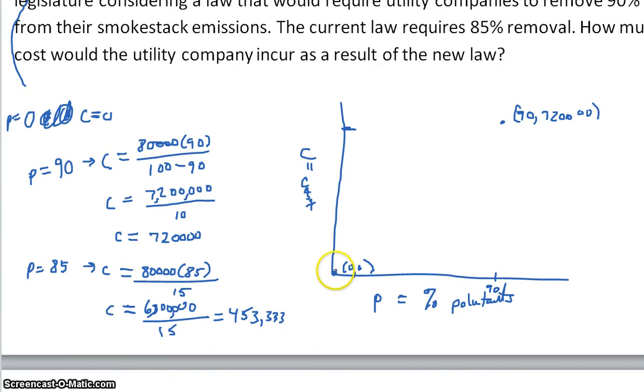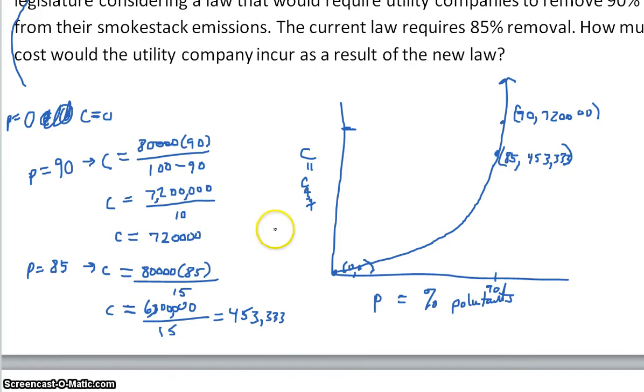So what's happening with this is it's going to look something like this. The higher you go, or the higher percentage you ask them to remove, it's going to grow at a much steeper rate. So the question is, how much more would it cost?